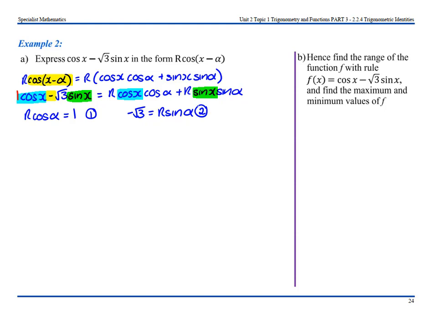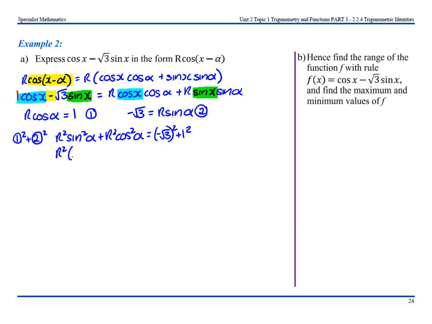Now let's square and add our equations. So equation 1 squared plus equation 2 squared. I'll have r squared sine squared of alpha plus r squared cos squared of alpha is going to equal negative root 3 all squared plus 1 squared.